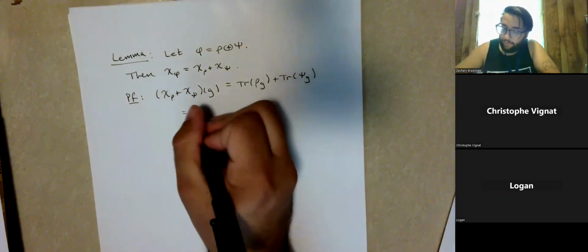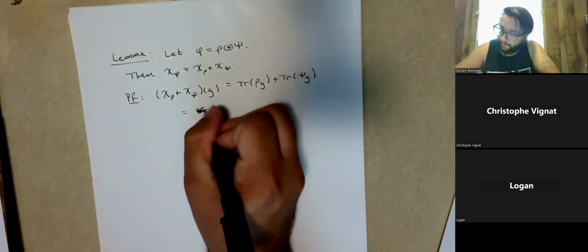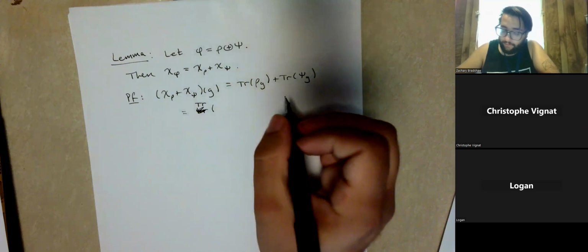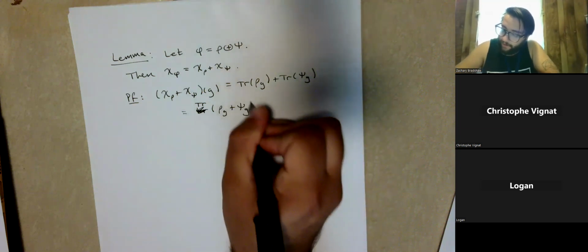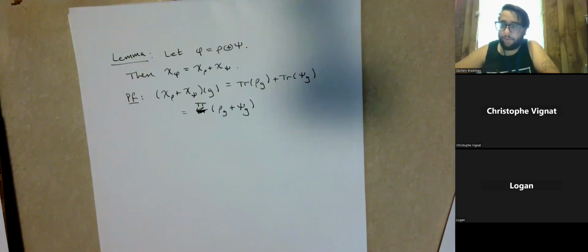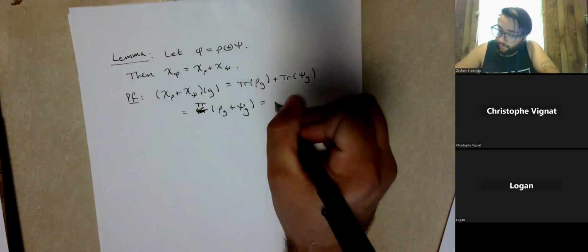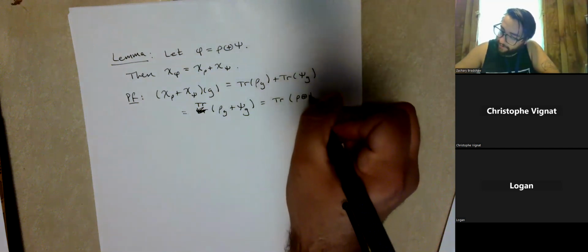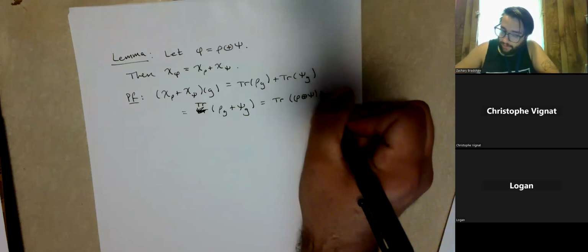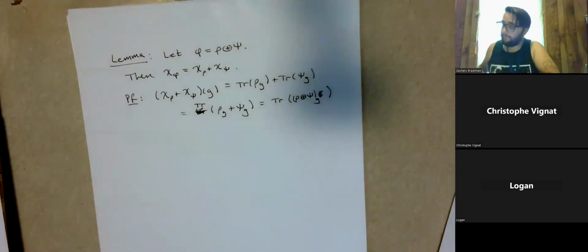And that's equal to the trace of rho g plus psi g, using the linearity of the trace. And this is equal to the trace of rho plus psi of g.